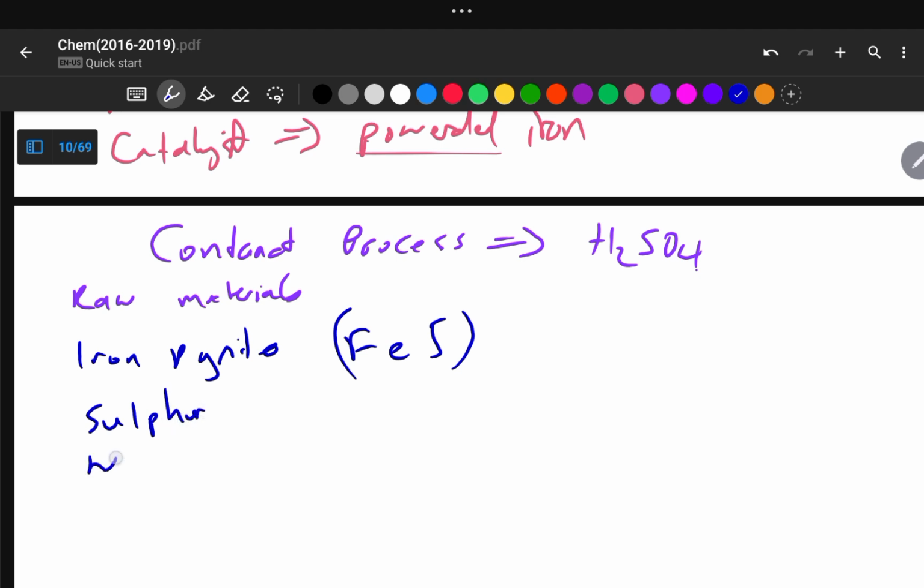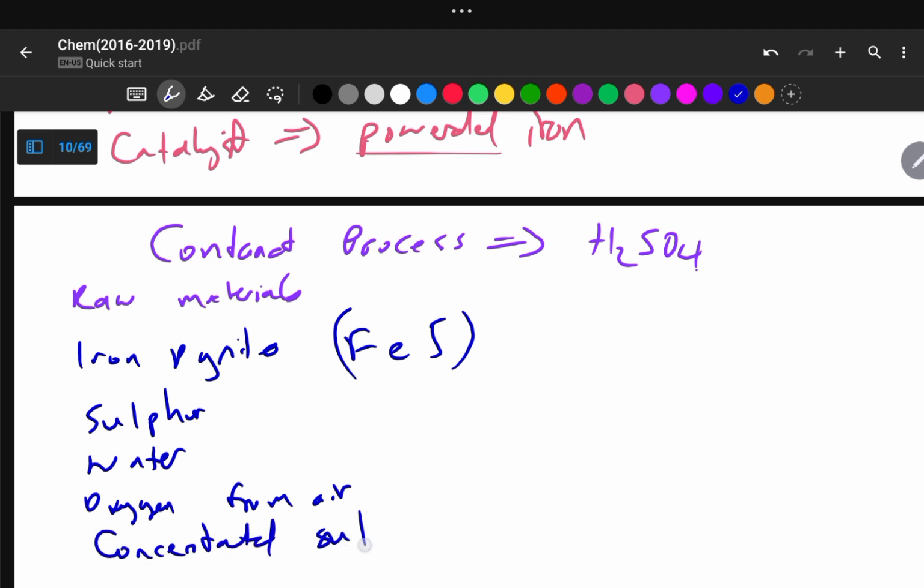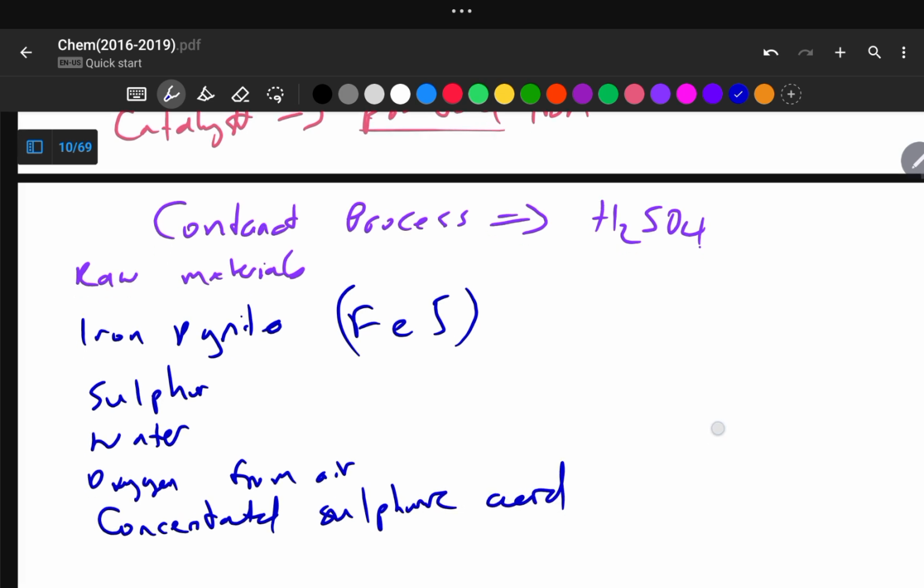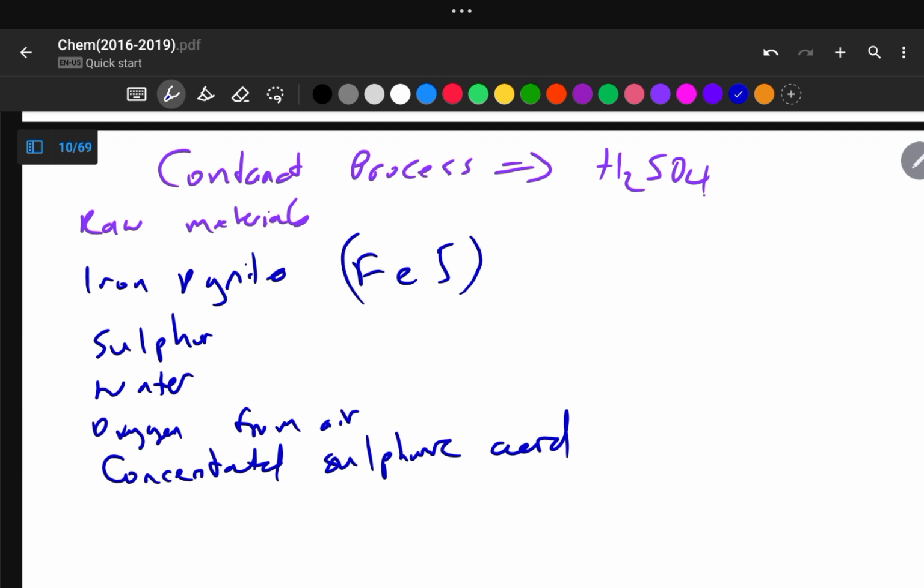We can also have water, and then oxygen from air, right? And then concentrated sulfuric acid, right? It can be made in the lab, right? So this contact process is done in 4 stages, right?